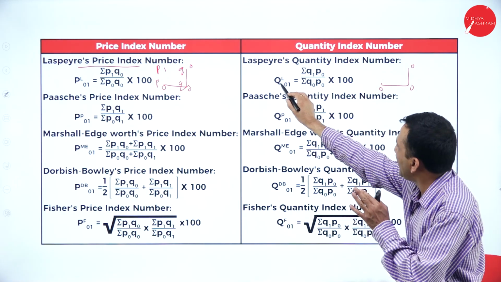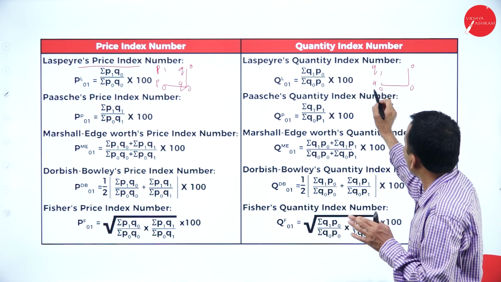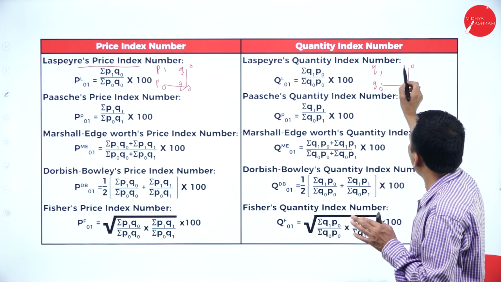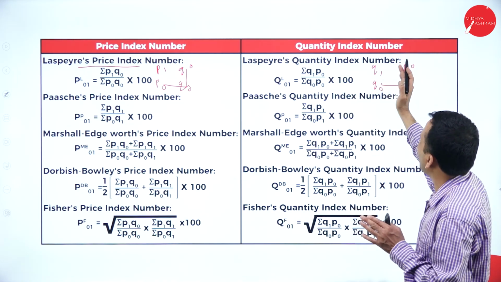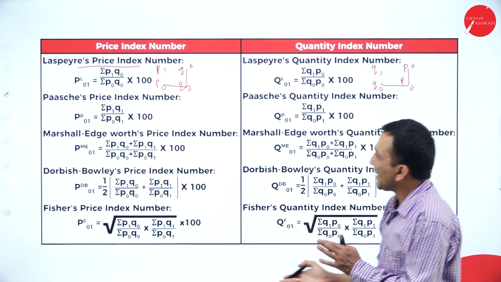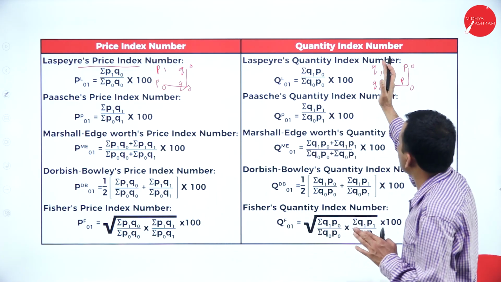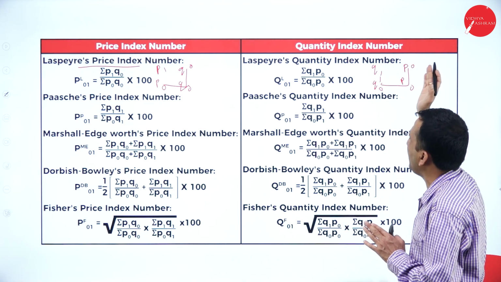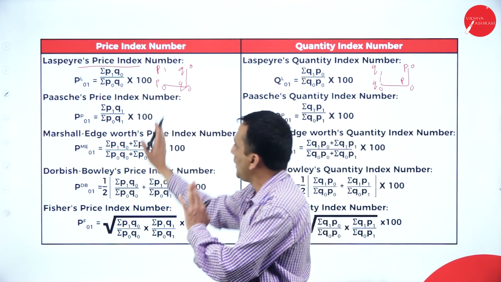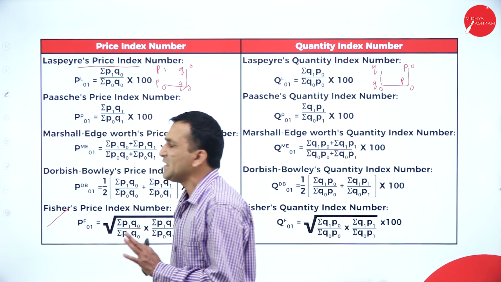But the quantity they are asking, that's what I have specified: quantity 1, quantity 0, and price. Once you first write quantity, next you have to write price. Here also the same thing. So the price index starts from price, and the quantity index starts from quantity and ends with the price. So for all the persons who have converted, only Fisher's can be satisfied.